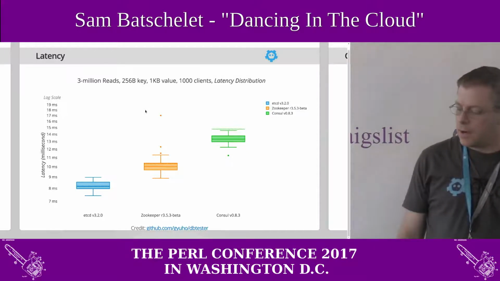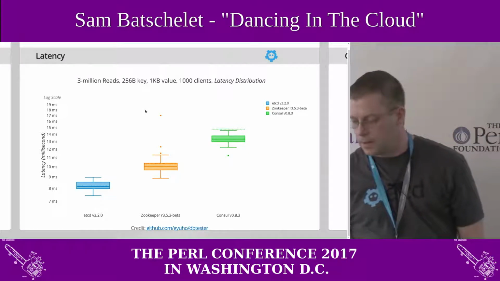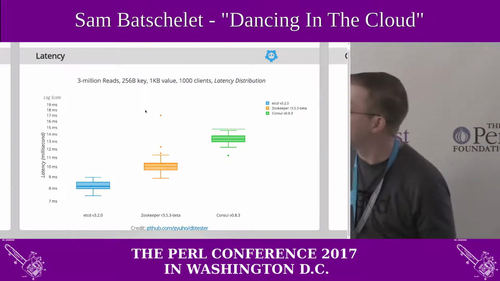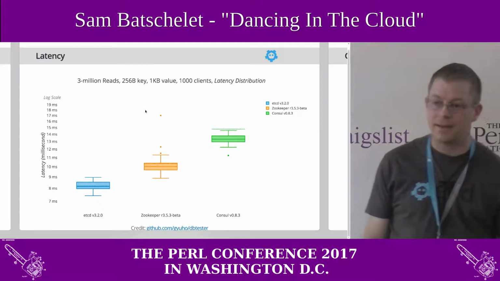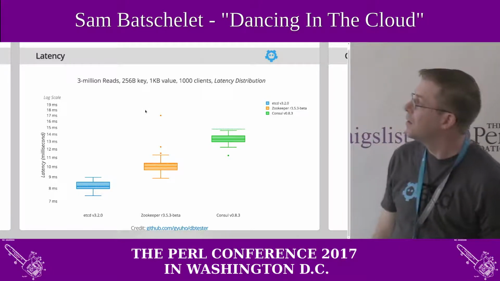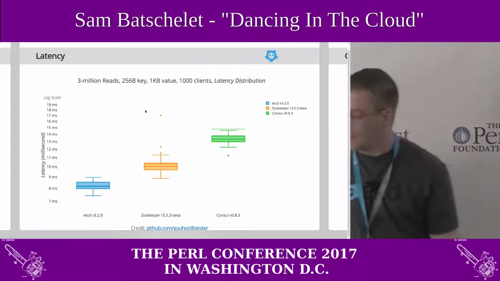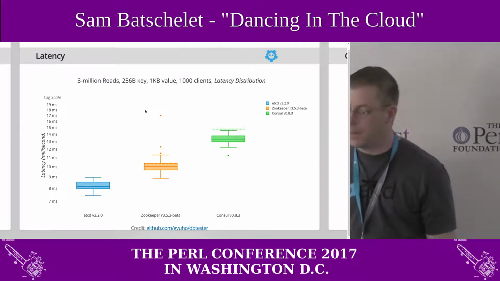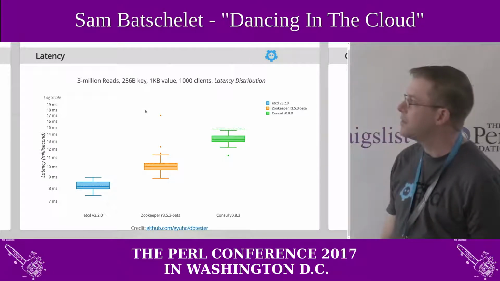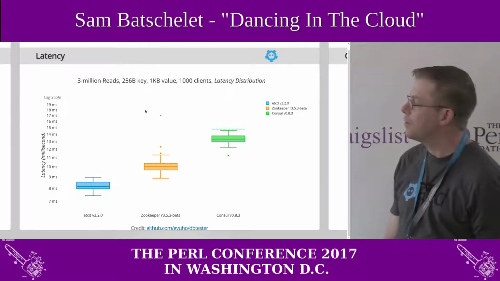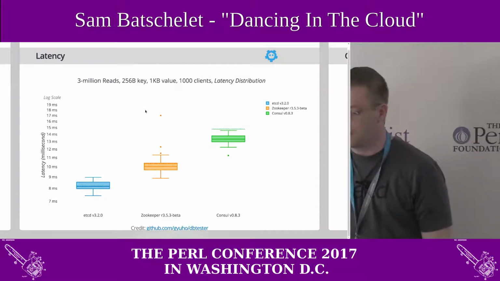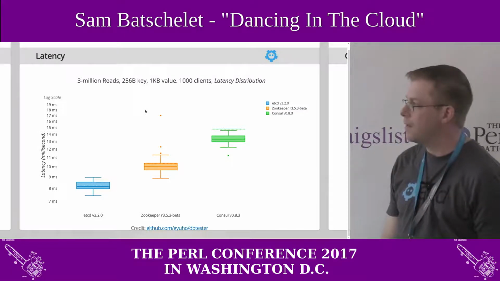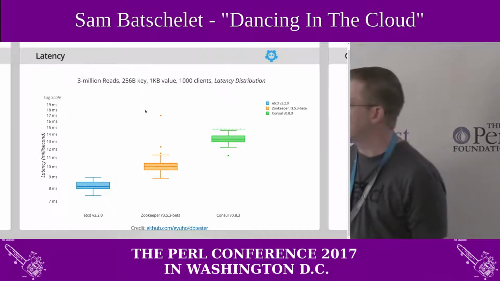So in this chart here, you can see the breakdown of latency. Can anyone see that? Can you read those? Yeah, kind of. So you've got Etcd on the bottom here, and you're talking about 3 million key reads, 256 kilobyte keys and 1 kilobyte value. So that's a tremendous amount of transfer, and the latency there is just unbelievable.